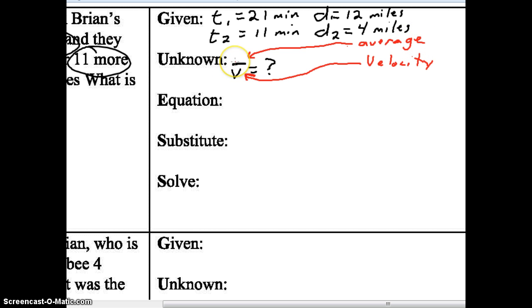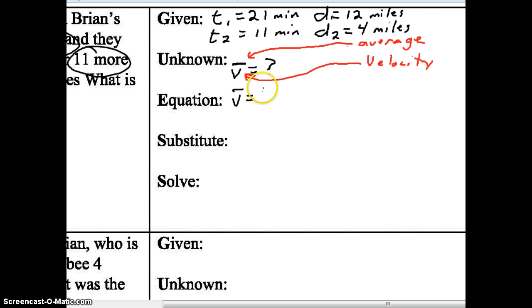V for velocity, the bar on top means average. So I'm trying to solve for average speed or average velocity, and so the equation for that is the equation from up above, V bar, which again stands for average speed or average velocity.